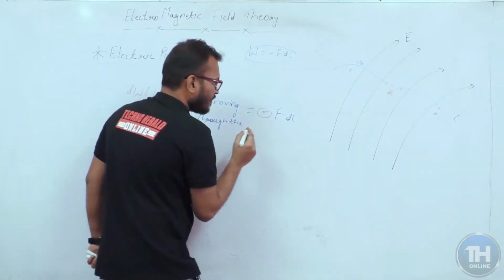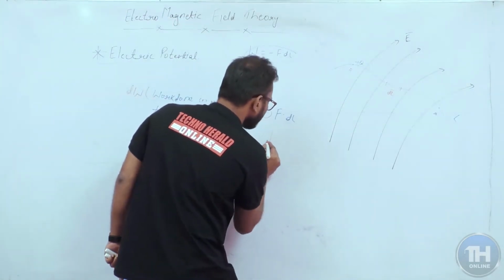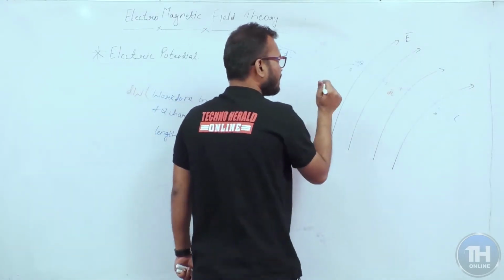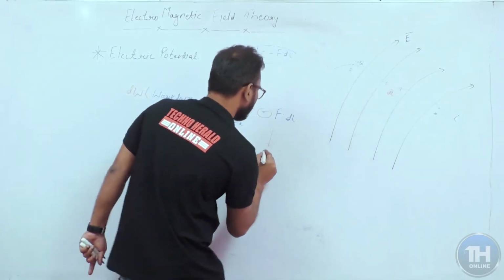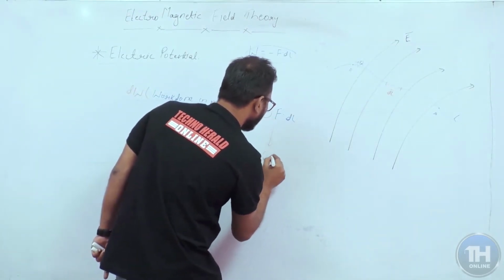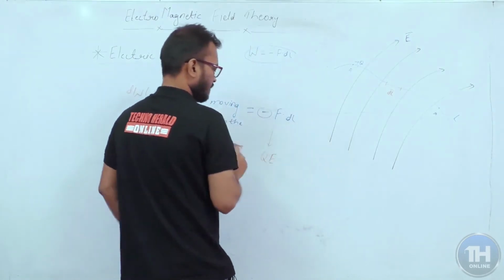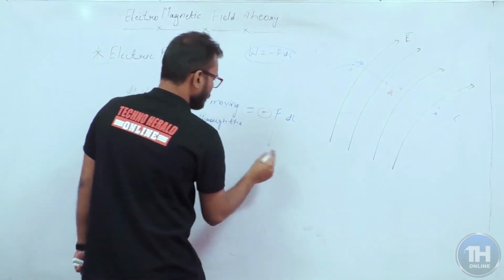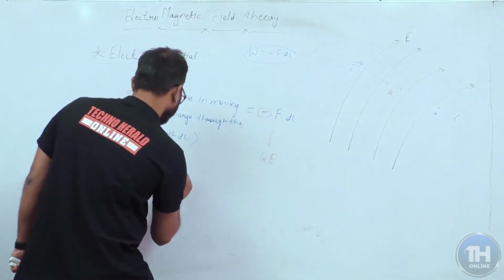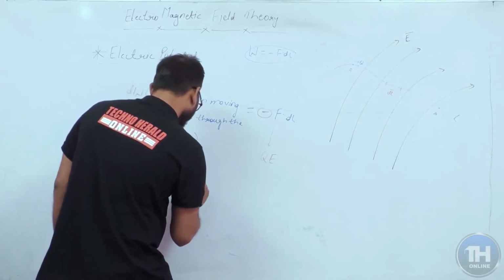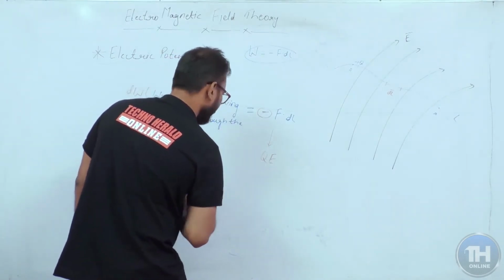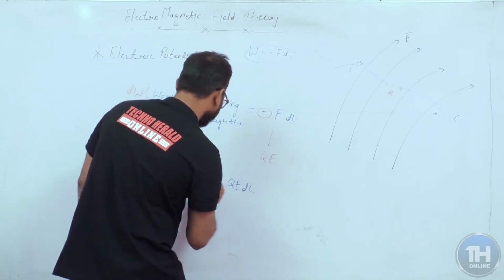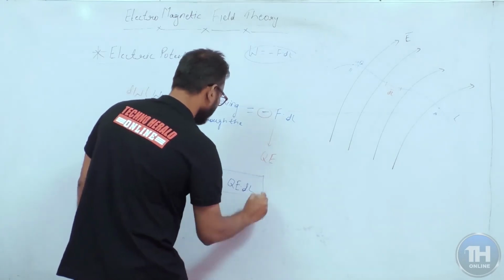And what is F here? F is the force acting on this plus Q charge in this electric field, which is Q into E. So dW is equal to minus QE dot dl. Okay, this is dW.